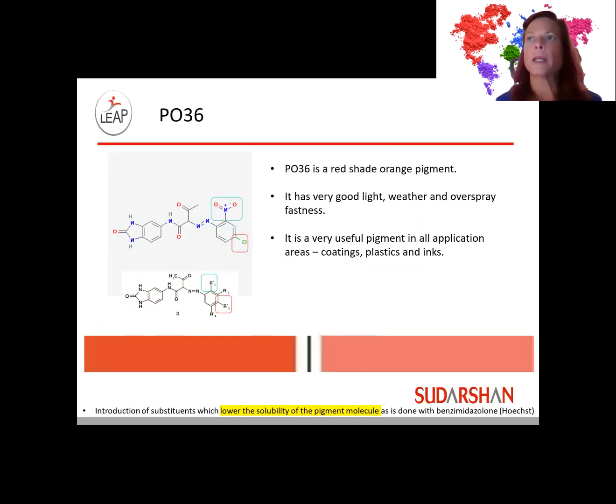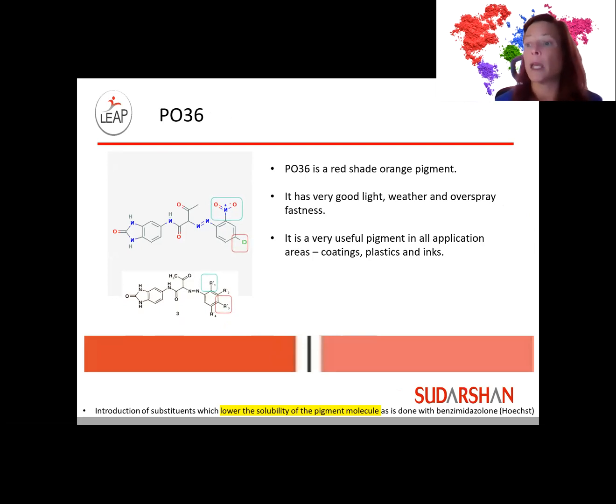The last orange in the category is the orange 36. This is a workhorse pigment. Almost everybody is very familiar with this particular color index. It's a red shade orange pigment with very, very good light, weather, and overspray fastness.